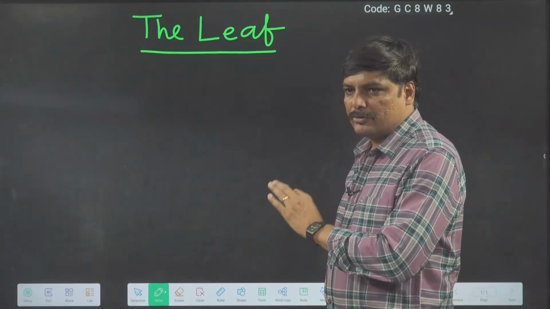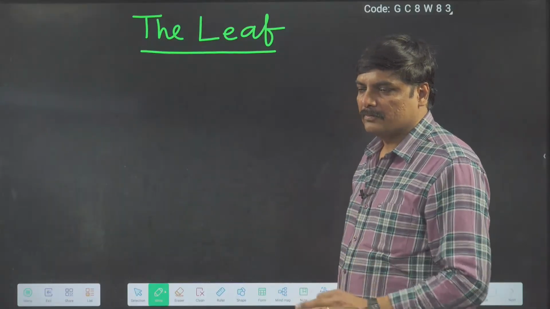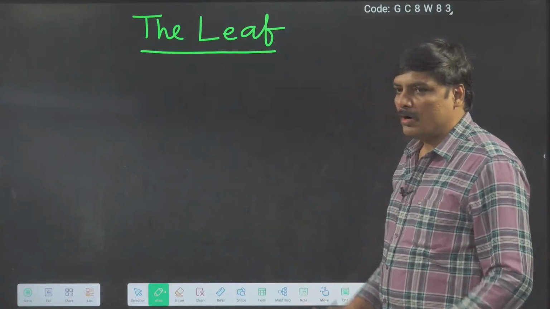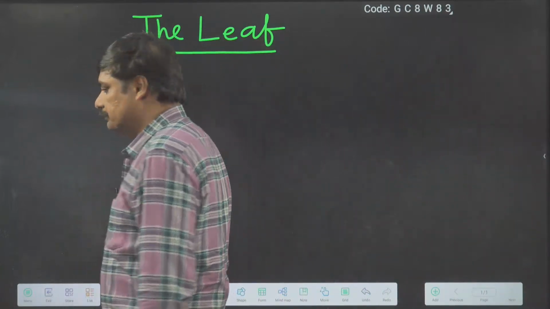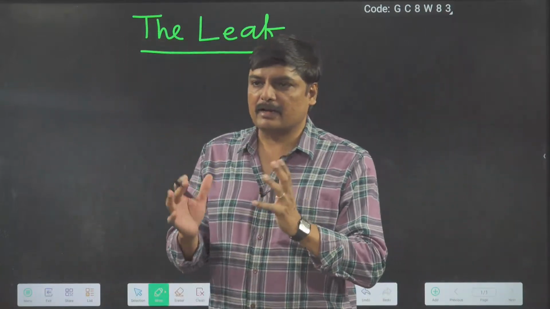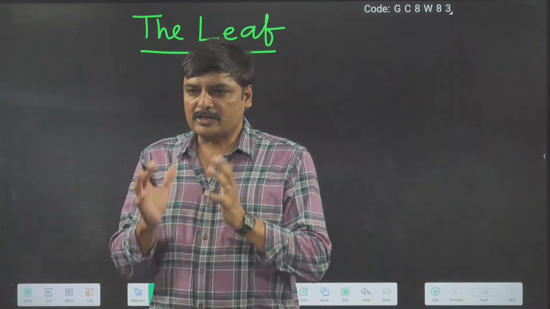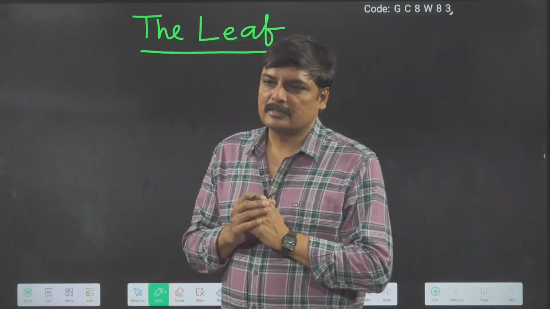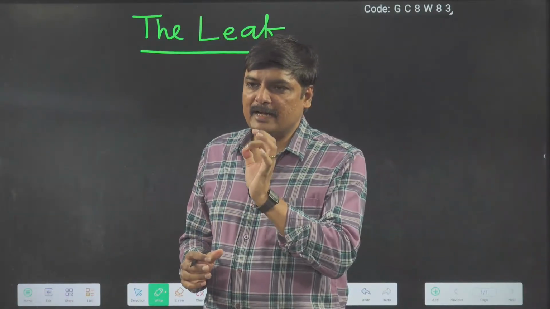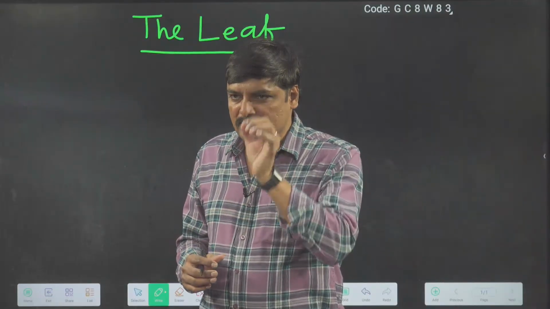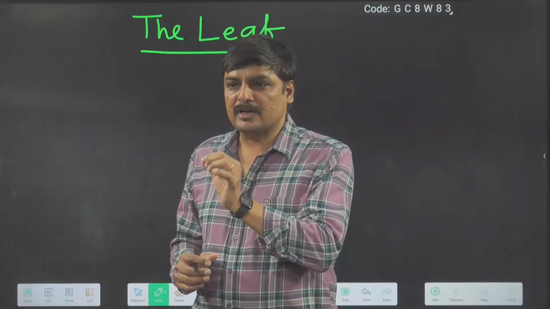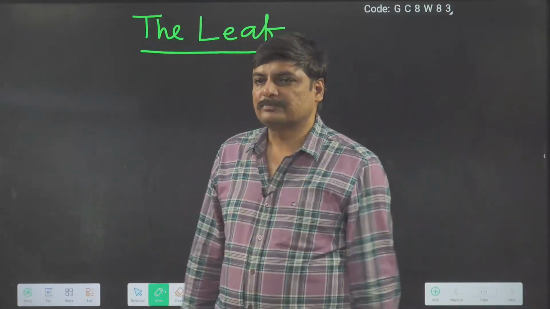Now we are going to discuss the leaf. What are leaves? Leaves are lateral, exogenous, flattened structures present on the stem and branch at nodes.